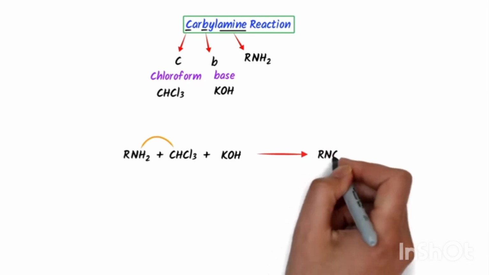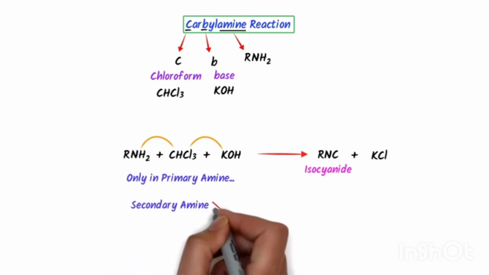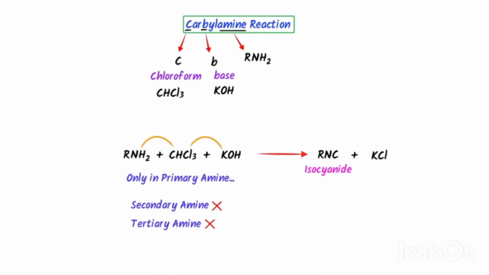I get RNC. We call this compound isocyanide. Also, this K will attack chlorine to form potassium chloride. Remember that this reaction is only possible in case of primary amine or 1-degree amine, like CH3CH2NH2. It is not possible in secondary and tertiary amine.